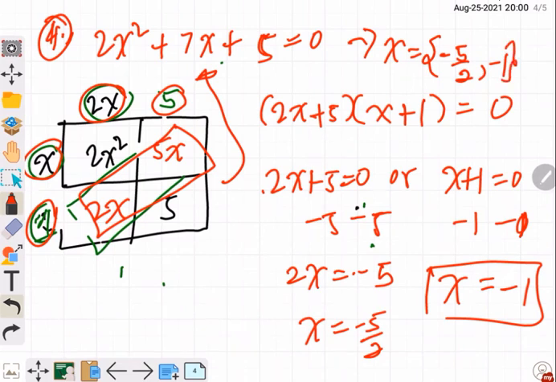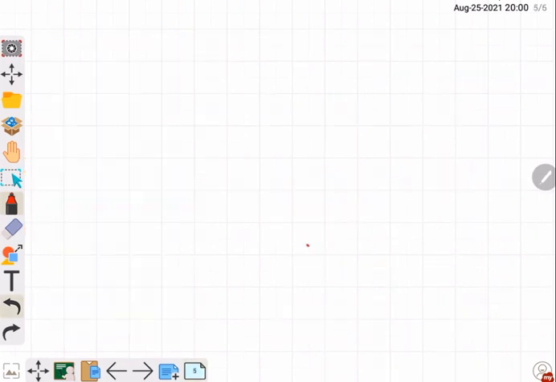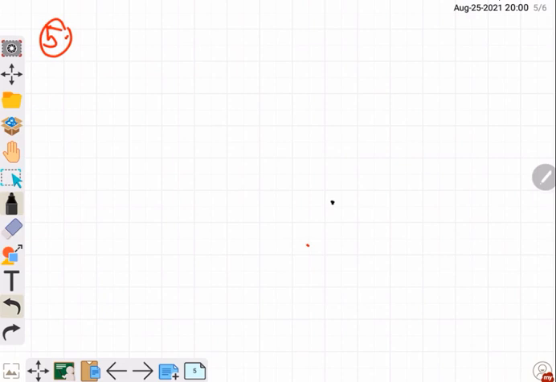Okay, so now let's provide two more examples using different methods of factoring. Number 5. Suppose we have y squared minus y minus 20 equals 0.